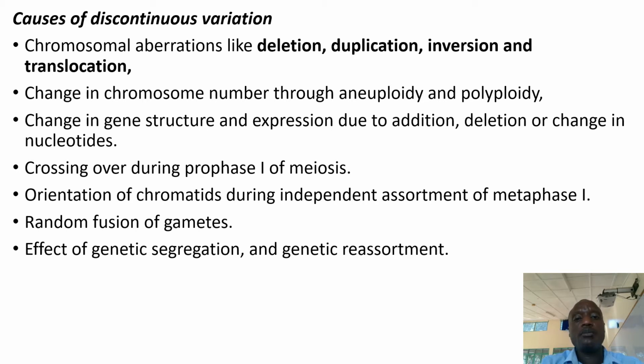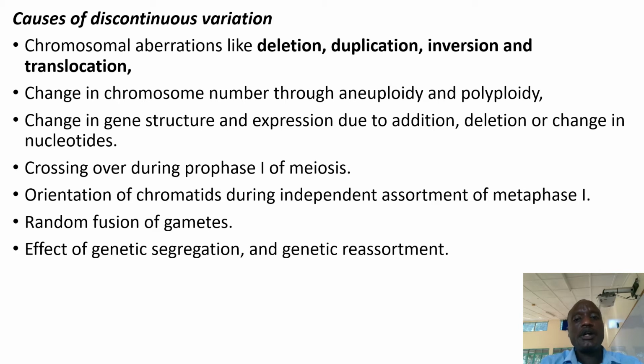Starting with deletion, that's where you could find genes being lost from the chromosome. There is also doubling of genes in the structure of a chromosome, that is duplication. Inversion, that's where the arrangement of genes within the structure of the chromosome is reversed.